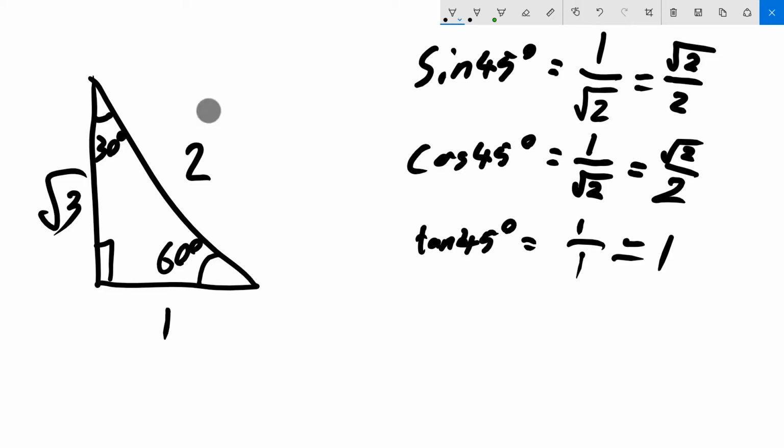Now we can find two of the different exact values using this triangle. I'm going to set up a table to the side so you can see some sort of pattern.